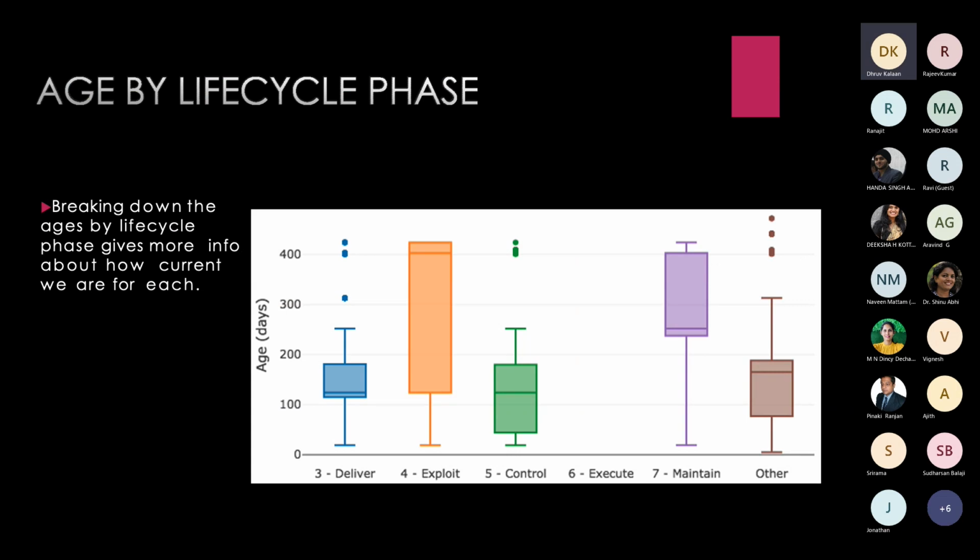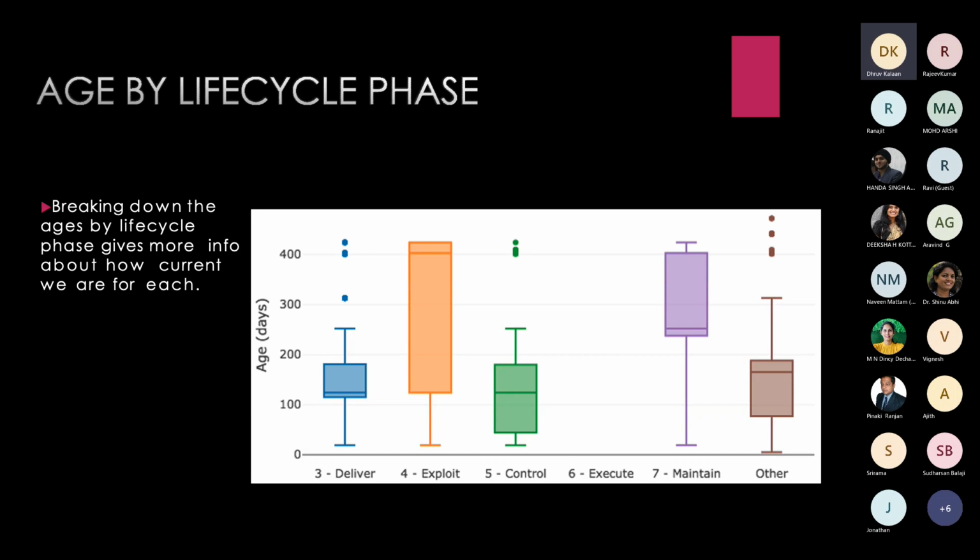Another thing you can do is start looking at the data per your kill chain levels. For example, if I have information about, say, exploit and that exploit data is extremely old, or if I have information about control and that information is at a median level, say between 50 to 180 days.